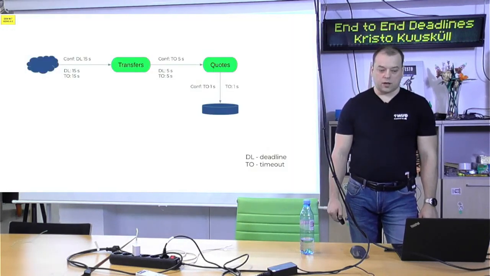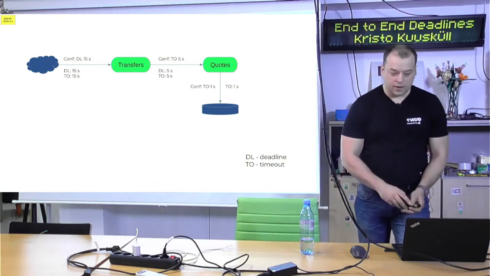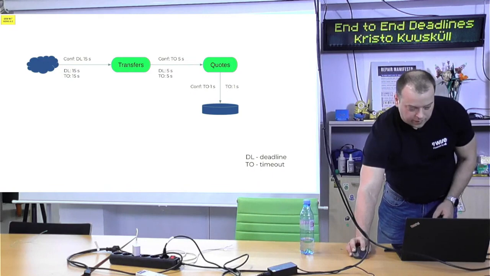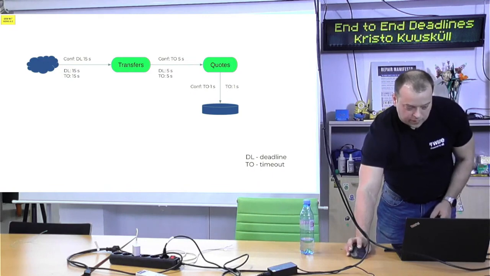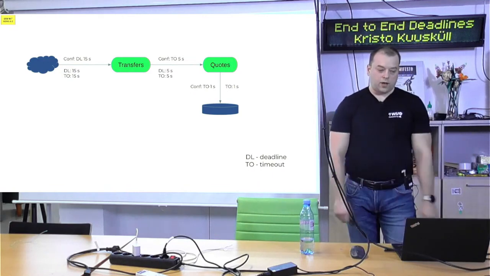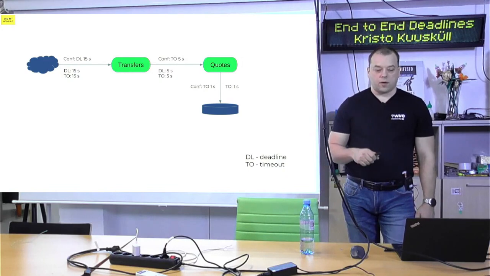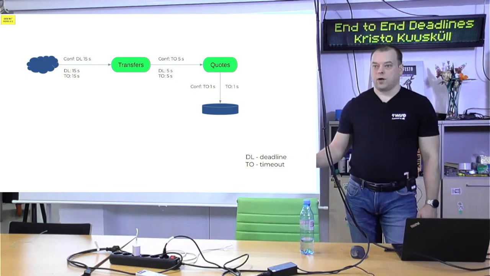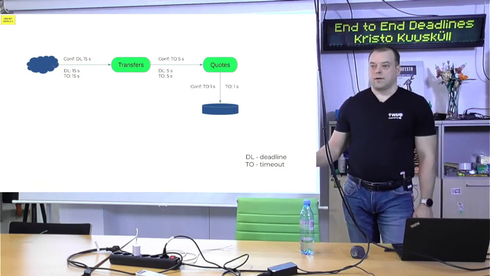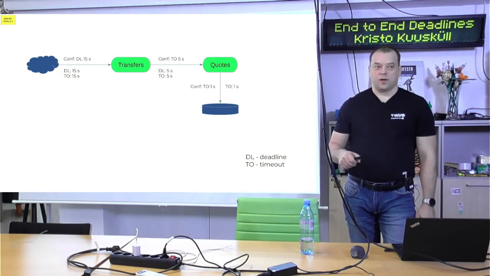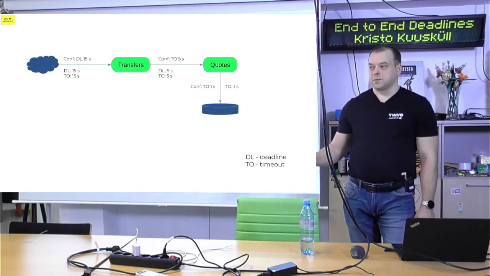And in practice, it works like on this graph. As you can see, we are setting an end-to-end deadline, but we are also configuring a timeout for every hop. And now when a request comes to the next component, it's very important to understand that the end-to-end deadline can change.